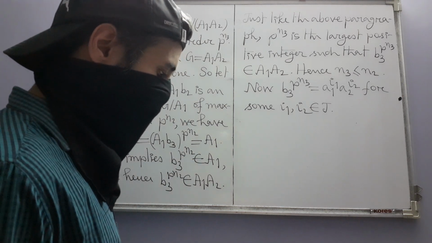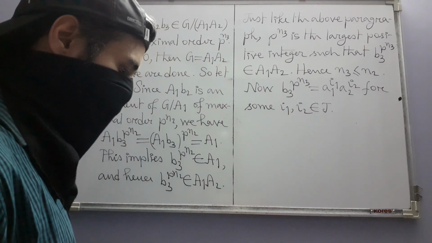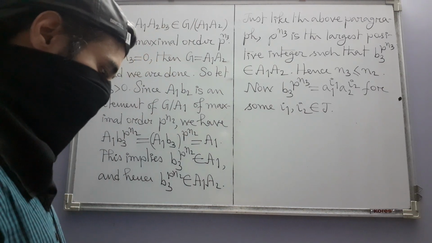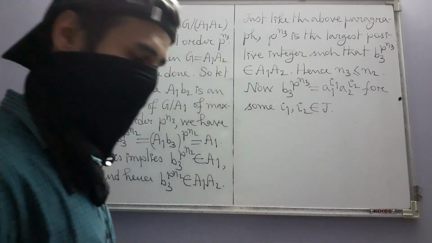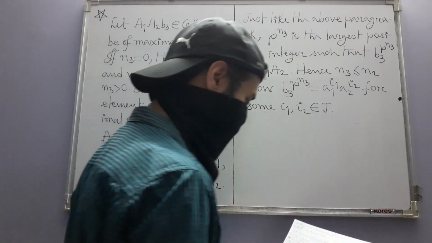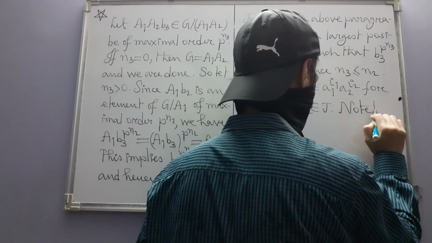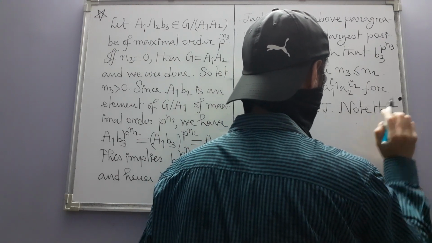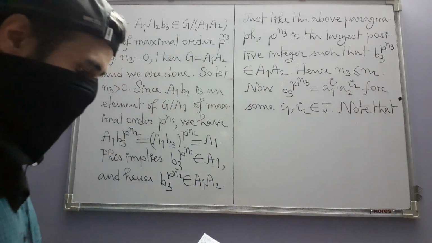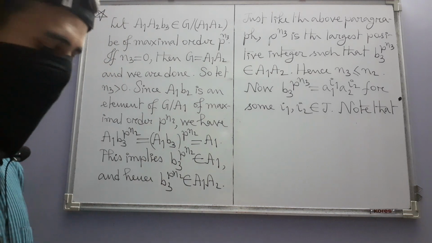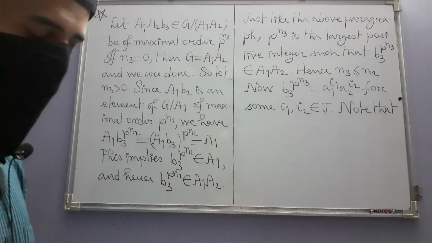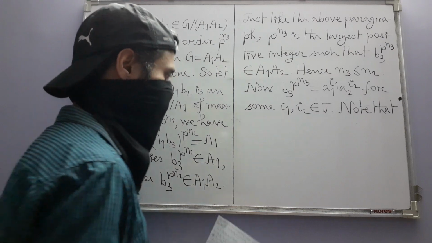Alright, now what consequence will this have? Note that, okay, let's see where these calculations take us. It seems just out of the blue we are bringing in terms, but of course every step has a purpose.